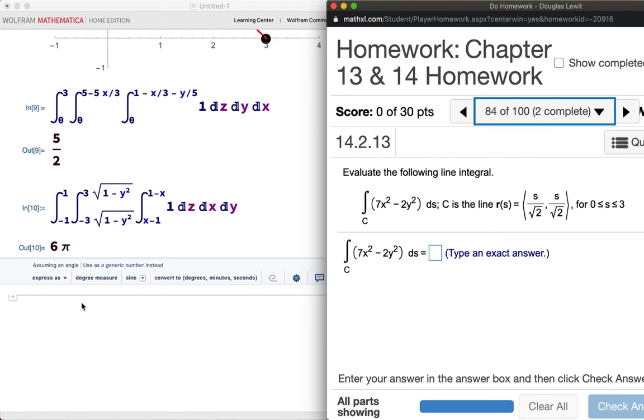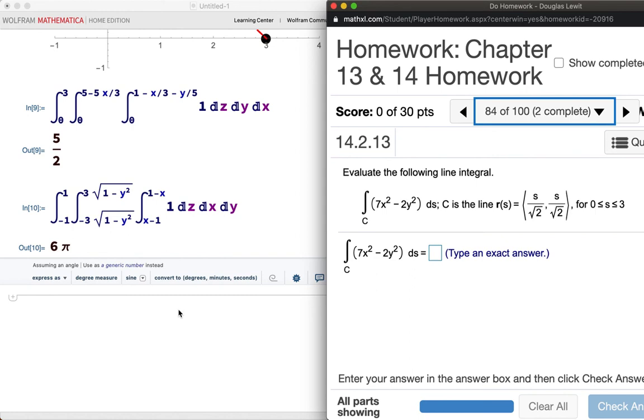And we see here that s varies between 0 and 3, which is really convenient. They're actually giving us those limits. Sometimes we have to figure out the limits, but they're giving us the limits in this problem.